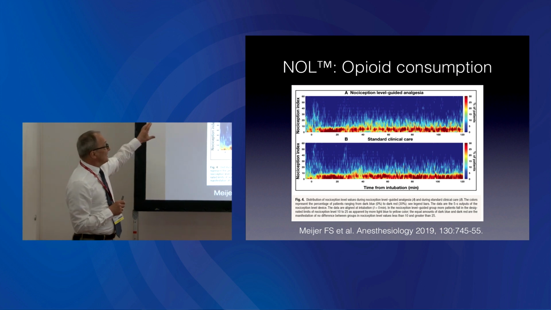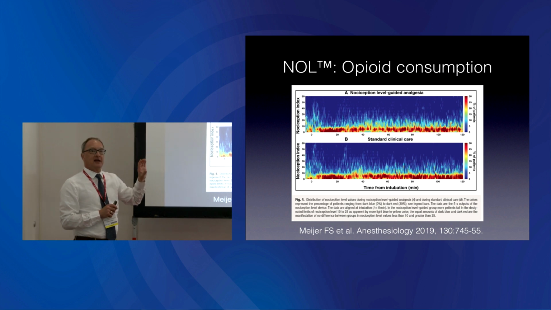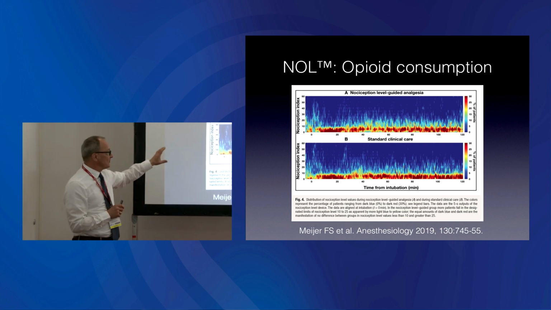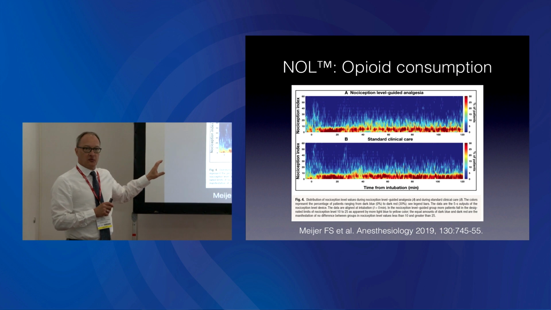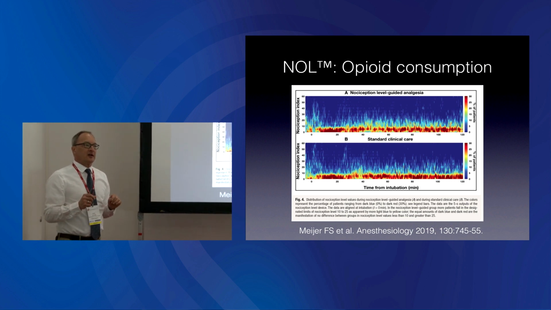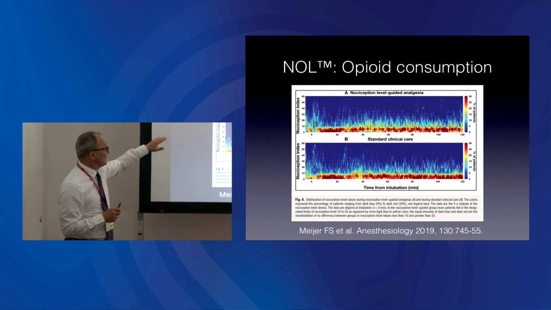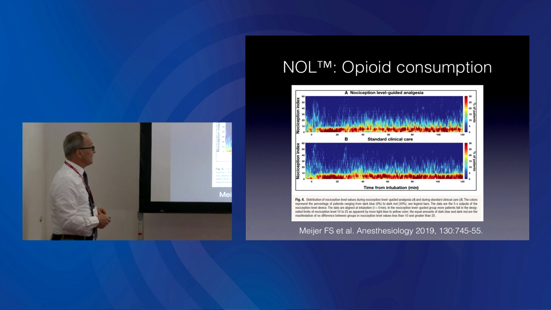The top panel is the nociception level guided group, whereas the bottom one is the standard care group. At the top, you see that if you titrate towards a range of 25 to 10, it is possible to get a slightly lighter pattern, highlighted by this light bluish appearance at the top of the red.